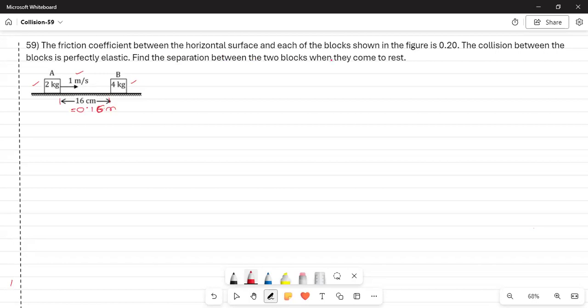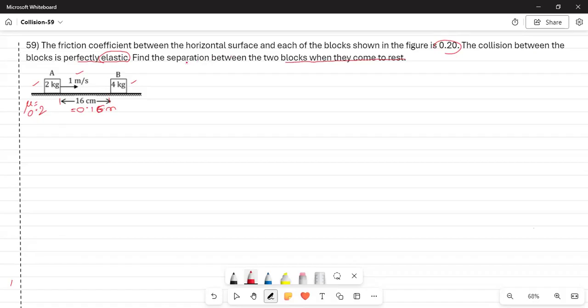And what is given? There is a friction coefficient of mu equal to 0.2. The collision is perfectly elastic. Find the separation between the two blocks when they come to rest.